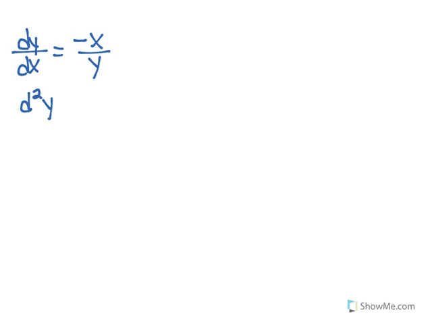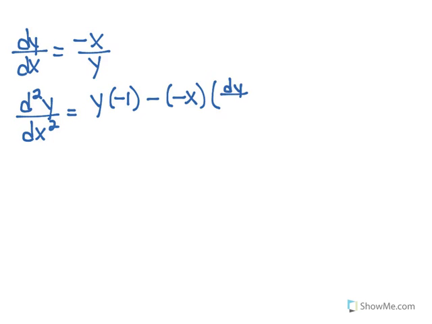So d squared y/dx squared is equal to, here we go, quotient rule, low d high, negative 1, minus high, negative x, d low, derivative of y is just dy/dx, all over low squared.